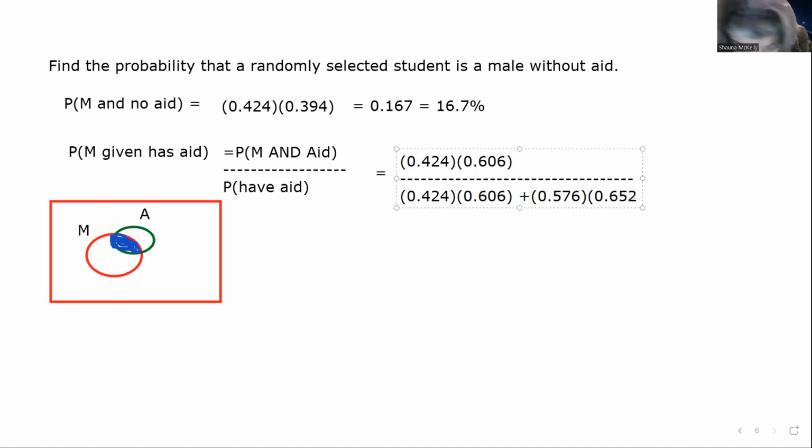Those are my numbers there, and we're going to work that out.